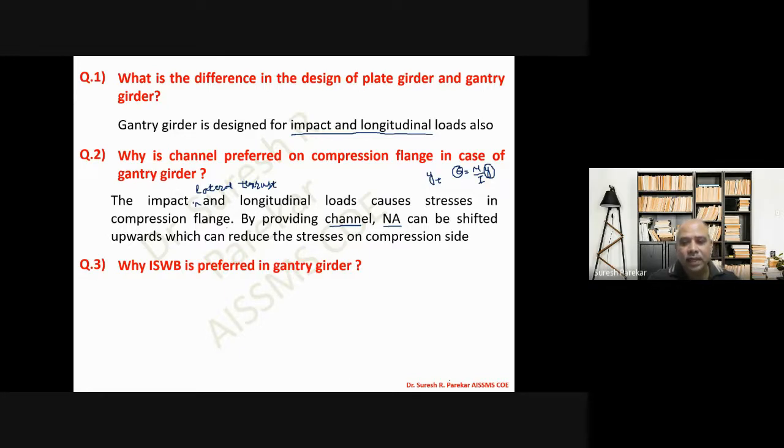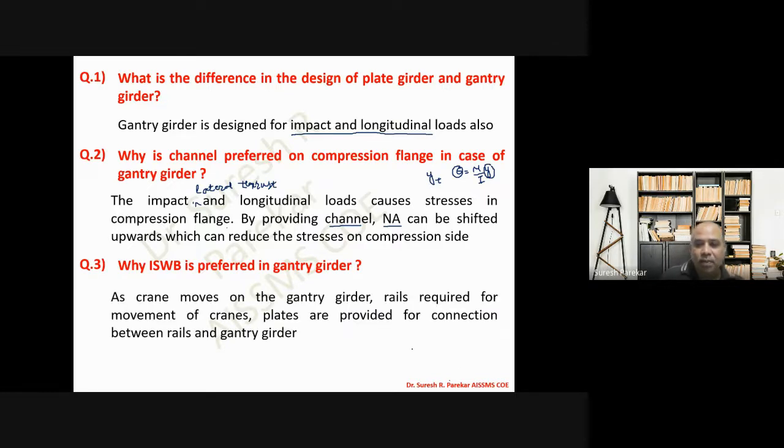Why is ISWB preferred in gantry girder? Now, gantry girder we are providing for movement of cranes, and as we have movement of cranes, we have to provide rails for it, and for the rails and their connection we require more width.